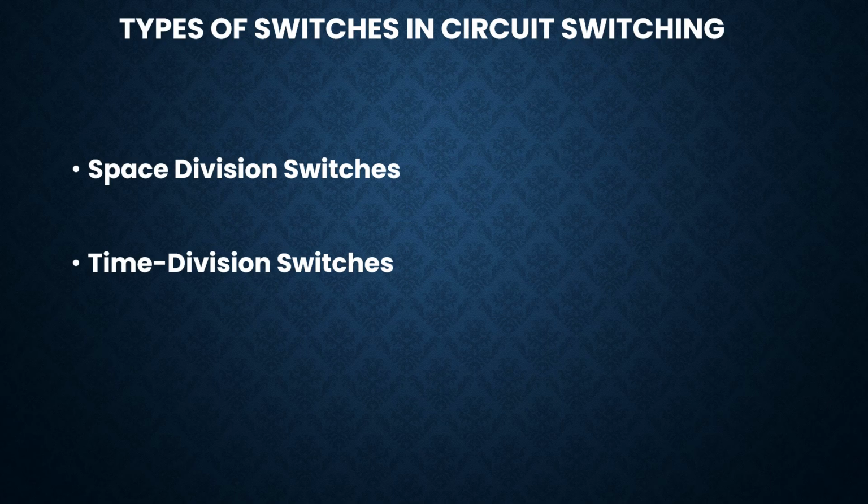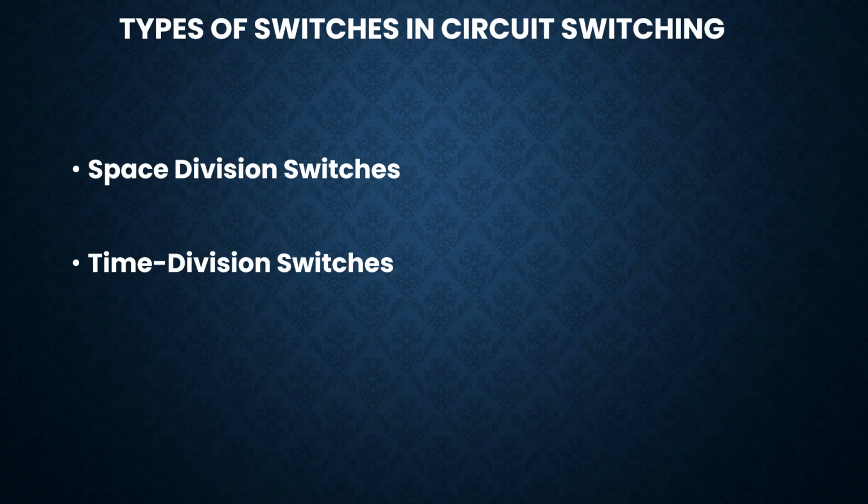The second type of circuit switching is time division switching. It is a digital switching technique. There is no need for cross points in this switching. In time division switching, the incoming signals as well as outgoing signals are received and retransmitted in a different time slot. One of the main differences between space division switching and time division switching is the sharing of cross points.